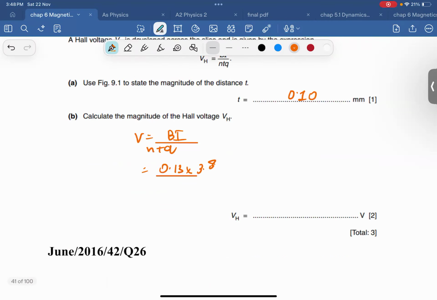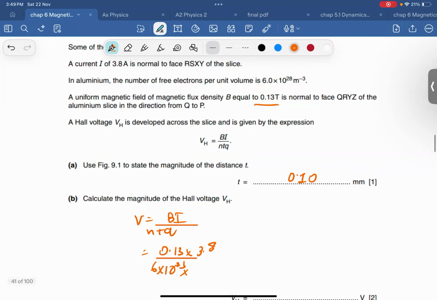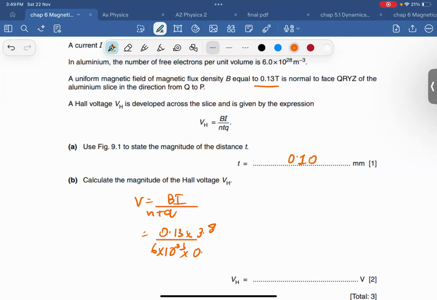N is supposed to be 6 exponent 28. T is 0.1 exponent negative 3, and q is supposed to be 1.6 exponent negative 19. So can you find out the value, please?